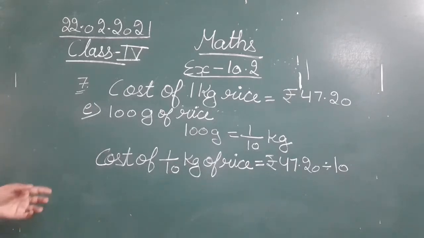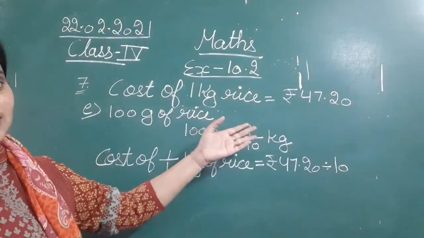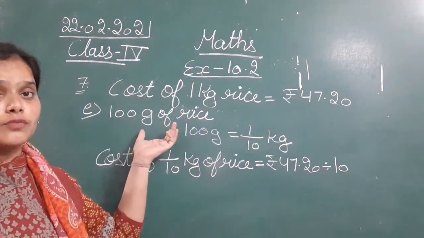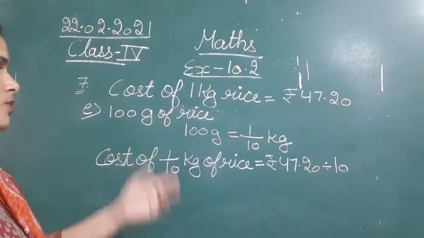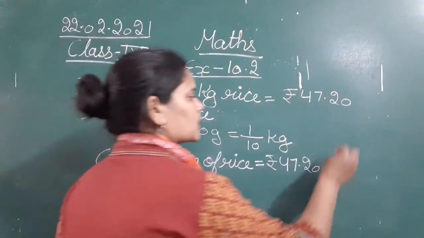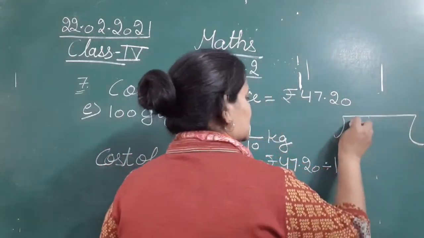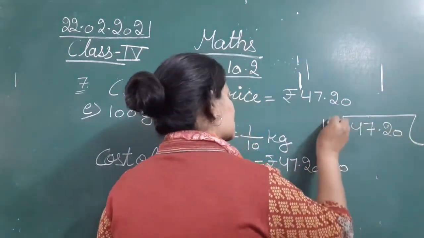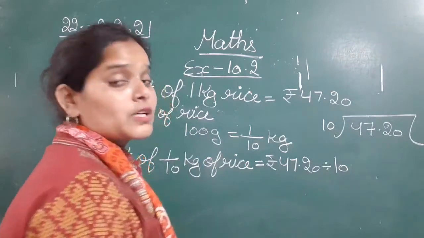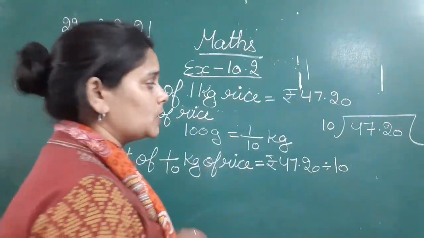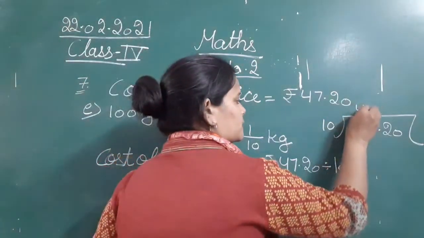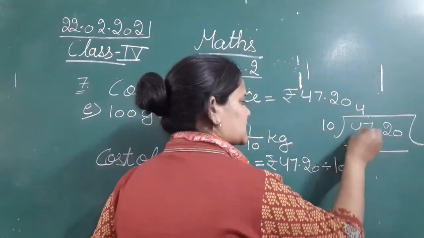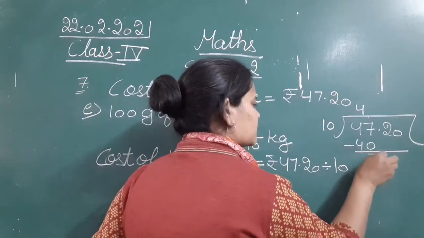Clear? So the cost of 1 kg rice was 47 rupees and 20 paise, and we have to calculate the cost of 100 grams of rice. Okay, so let's divide. Now we will divide 47 rupees and 20 paise with 10. 10 fours are 40. 47 minus 40, here will be 7.